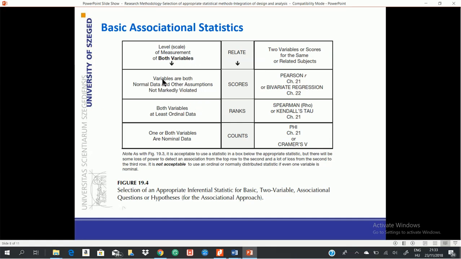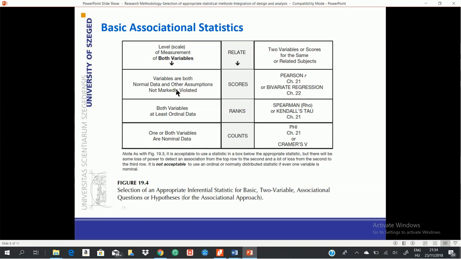The focus is on scale data. Scale means not nominal data; it means interval data or ratio data after the normality assumption or normal distribution test using Kolmogorov-Smirnov or Shapiro-Wilk.